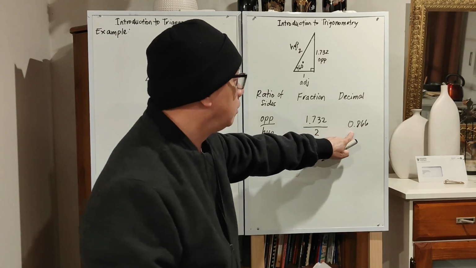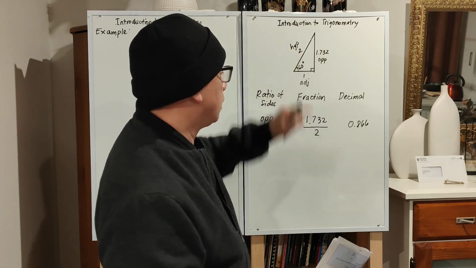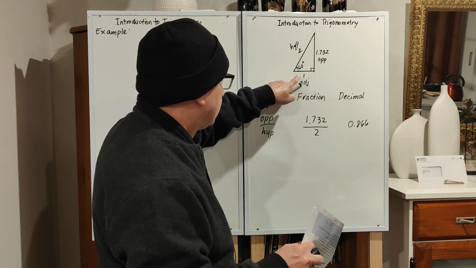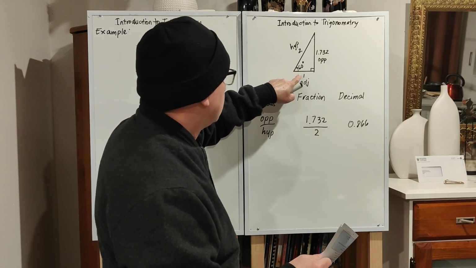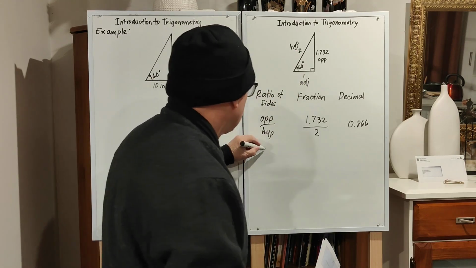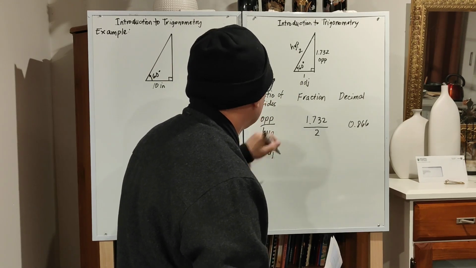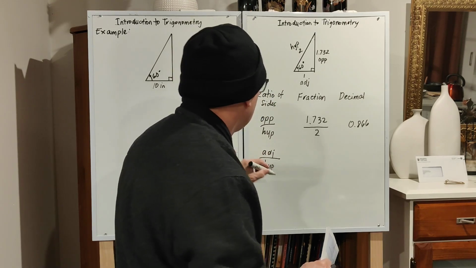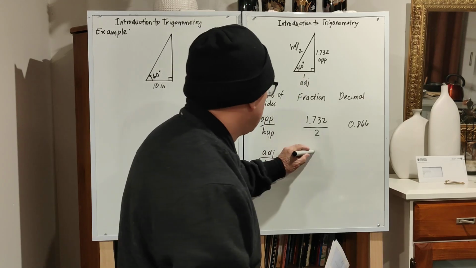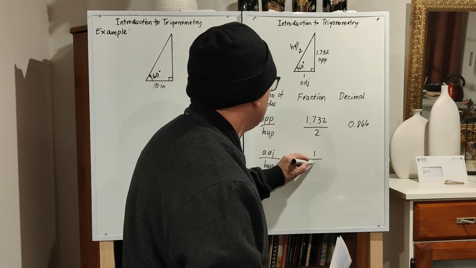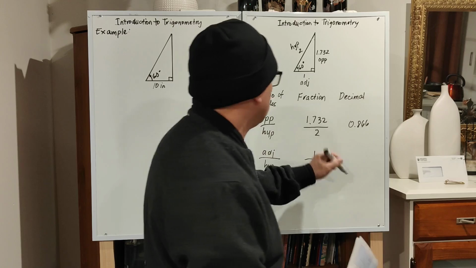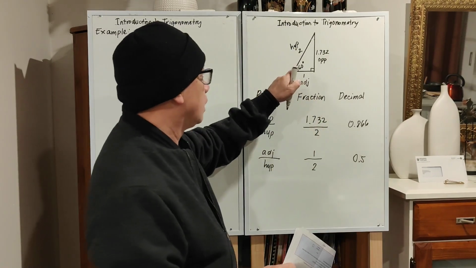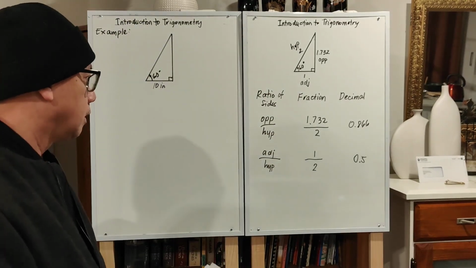So that is the ratio of the opposite over the hypotenuse. Now if we consider the ratio of the adjacent over the hypotenuse, the adjacent is 1, the hypotenuse is 2, so the ratio of 1 divided by 2 is 0.5. This is the ratio of adjacent over the hypotenuse.